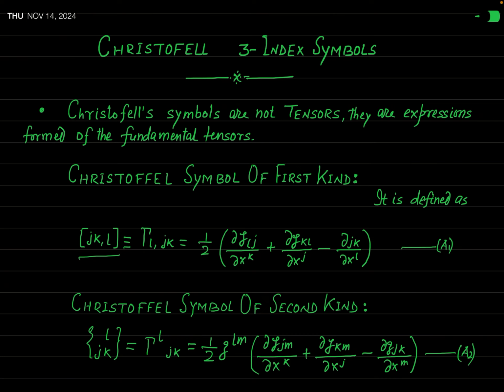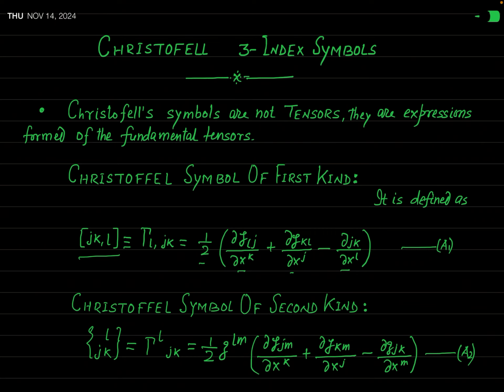And this is defined as 1 over 2 times del g jl by del xk, plus del g kl, where k and l are covariant indices, by del xj, minus del g jk by del xl. You should remember this expression by a technique.